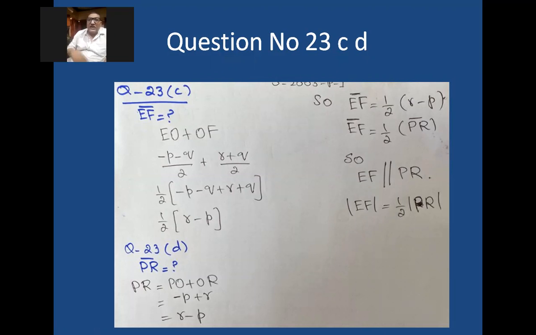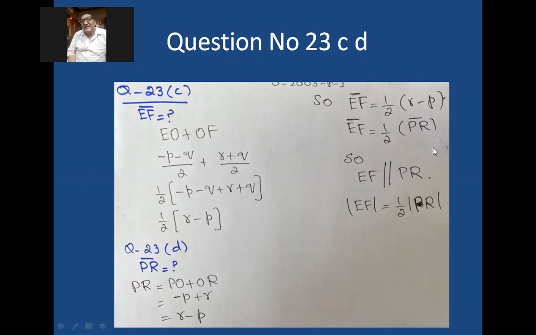So you see EF is equal to 1 by 2, that's the value we just calculated in the previous part. EF is equal to 1 by 2 bracket R minus P. And here I know that R minus P means PR. So in the R minus P, I can add PR. So it means EF is equal to half of the PR.